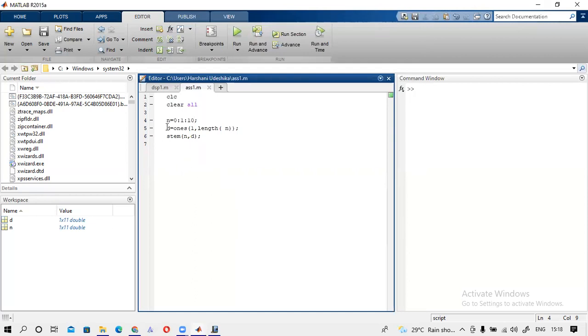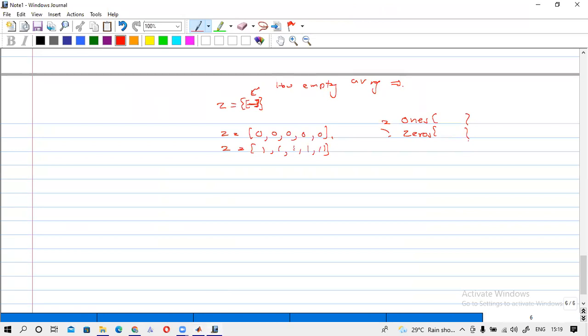So now we have created it. Now we have defined x, a sequence that is delta n minus k. This k can be any value. It may be minus infinity up to plus infinity.